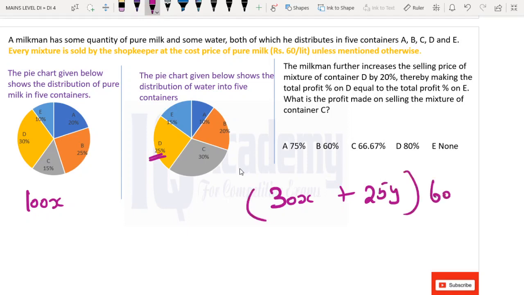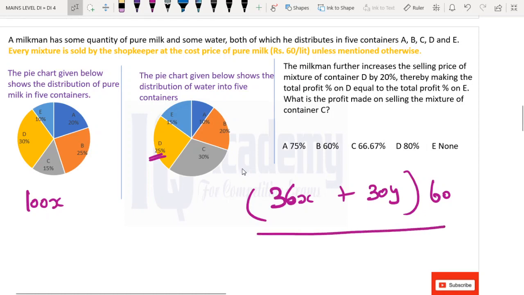If we increase it by 20%, it will become 120% of (30x plus 25y), or we can write it as (36x plus 30y) into 60 rupees. This is the selling price after increasing 20%.